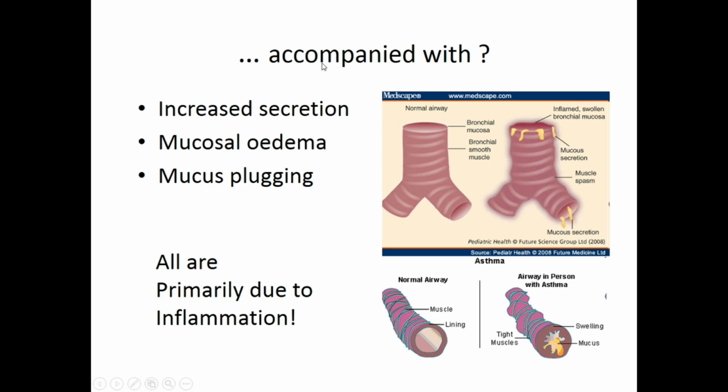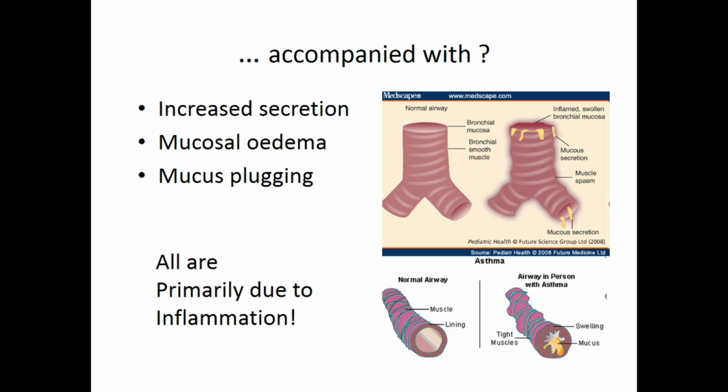When there is hyperresponsiveness, be it any stimuli or any trigger, it can cause increased secretion, mucosal edema, and mucus plugging. All these increased secretions, edema, or mucus plugs happen because there is an inflammatory reaction.